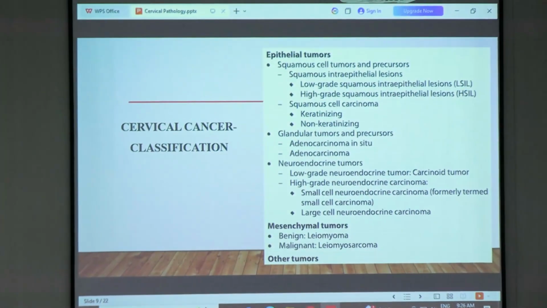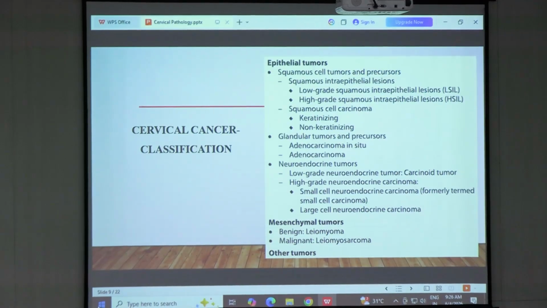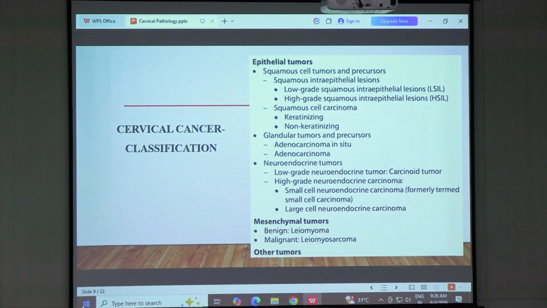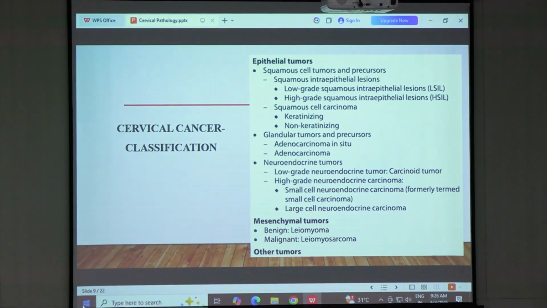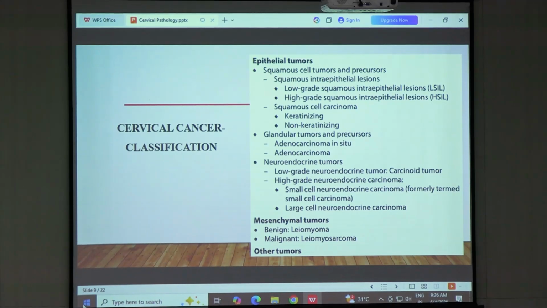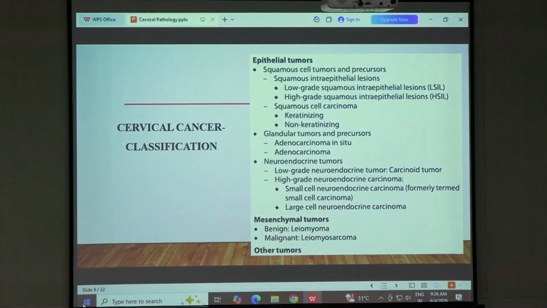Now cervical cancer classification. In cervical cancer, we are mostly concerned with epithelial tumors. The most common one is squamous cell carcinoma. There are precursor lesions known as LSIL and HSIL. LSIL is low grade squamous intraepithelial lesion.